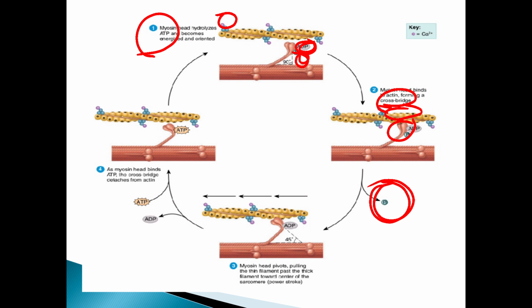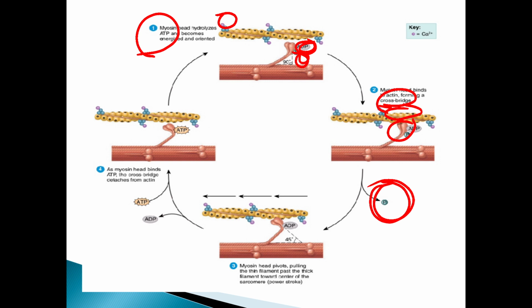So the third step is the power stroke, a very important step of the contraction cycle. In this step, the myosin head pivots, that is, it pulls the thin filament past the thick filament towards the center of the sarcomere, that is towards the M line.